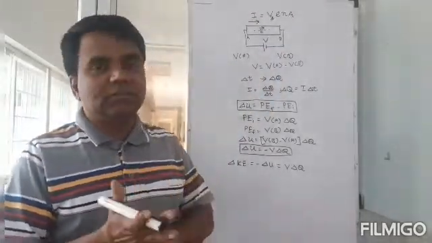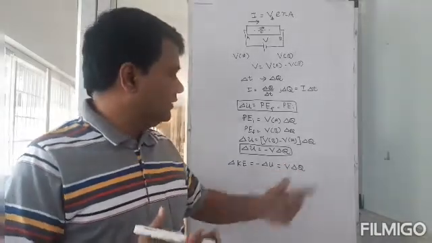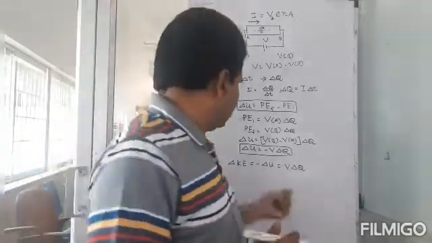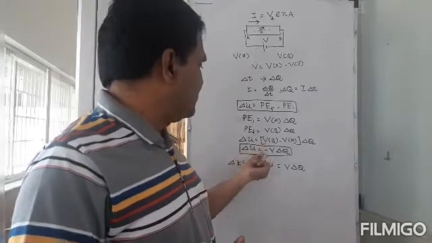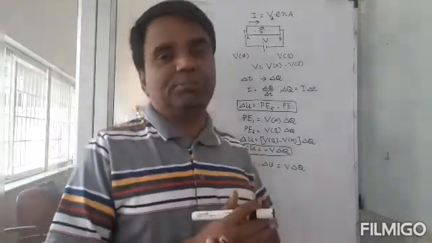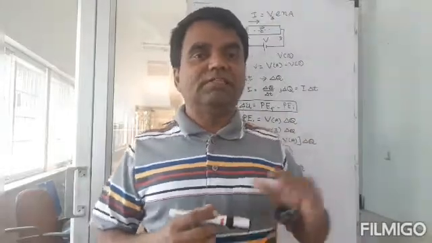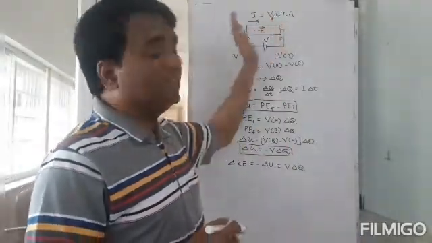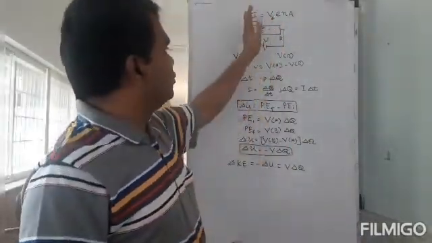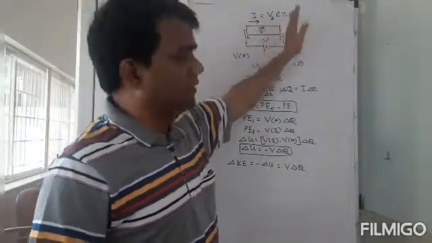That's fantastic. V delta Q is the change in kinetic energy. This is the kinetic energy change. If the charge were to move freely from this end to that end.